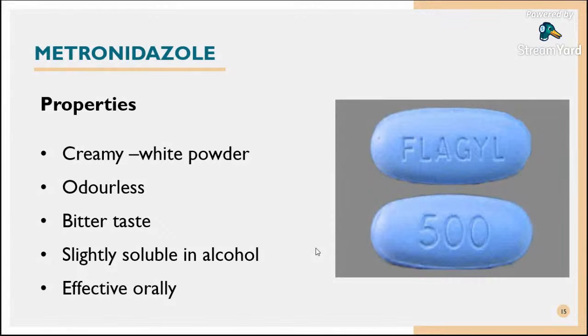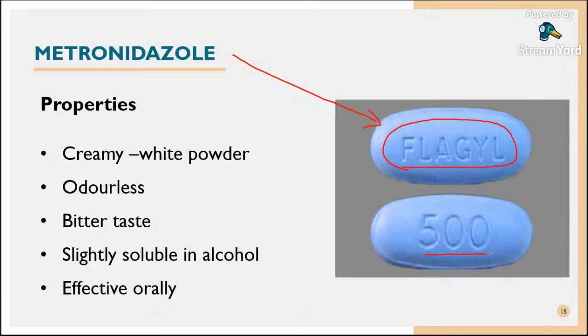So let's see the properties. Here I have mentioned one popular brand name of metronidazole, and the popular brand name is Flagyl. The dose is 500 mg, and this is the tablet form. Sometimes creams are also available for treatment of vaginal infections.